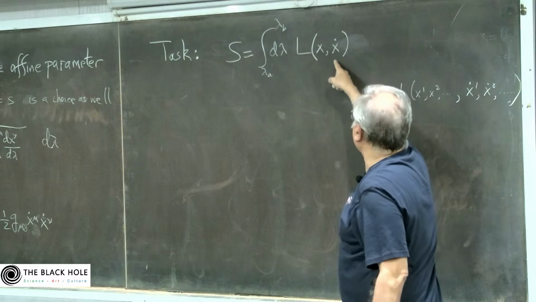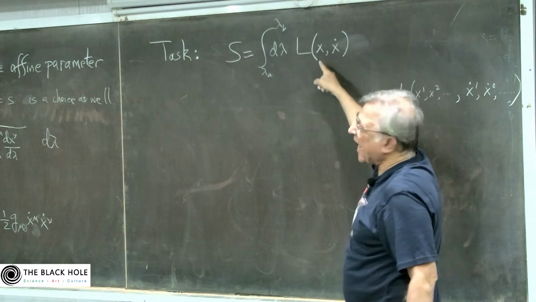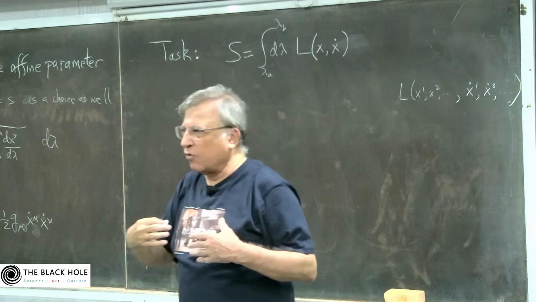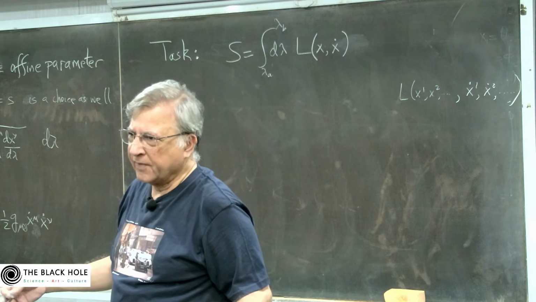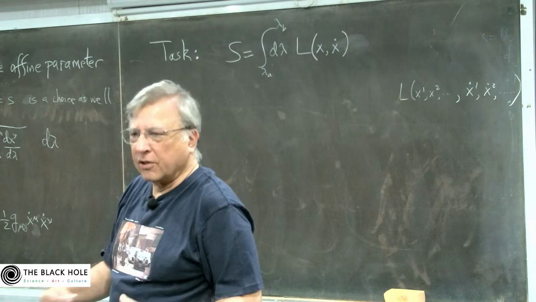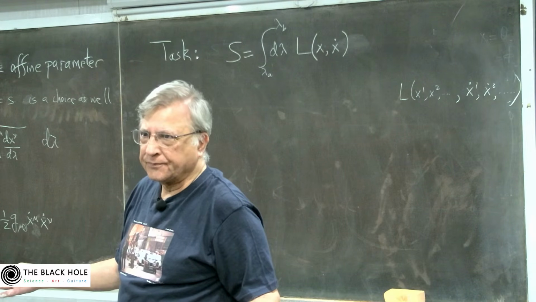So that's what this over here means. This x is now standing for a whole collection of positions, and x dots a whole collection of speeds.